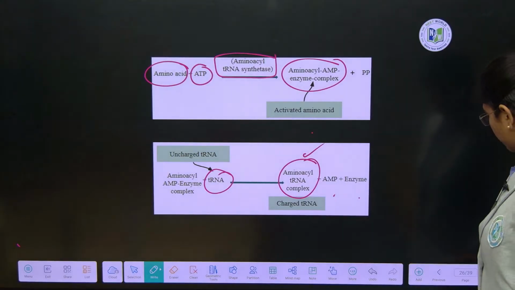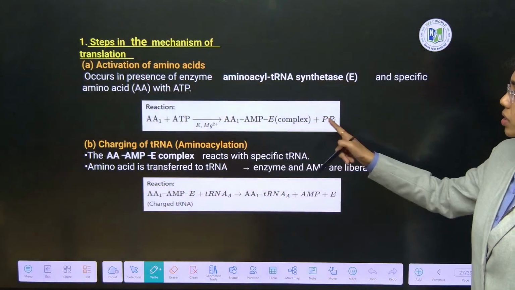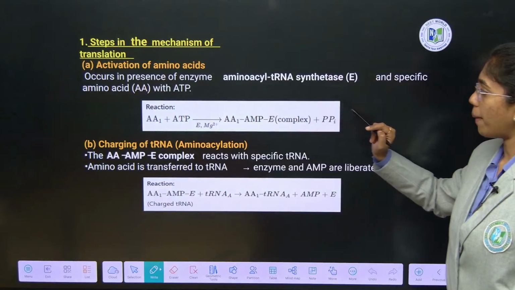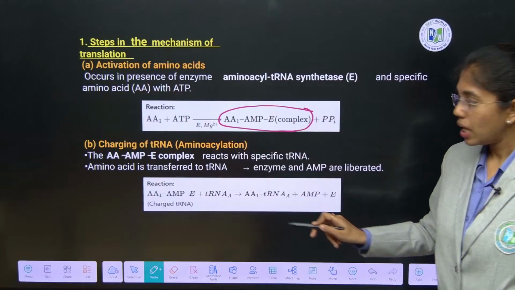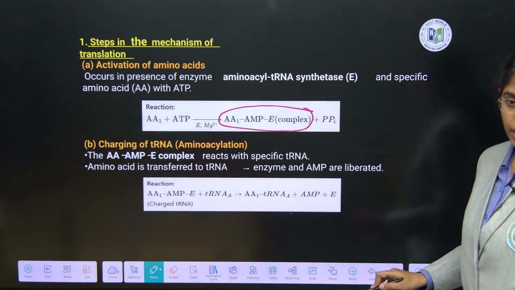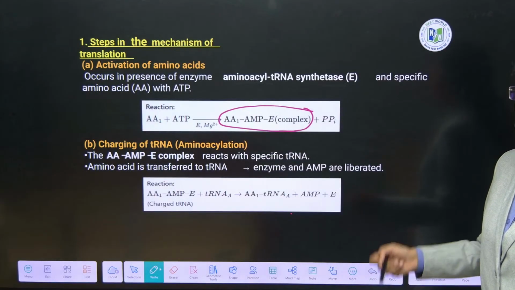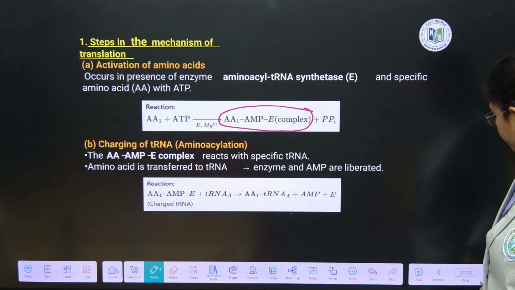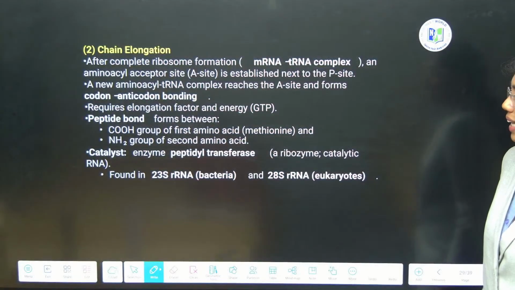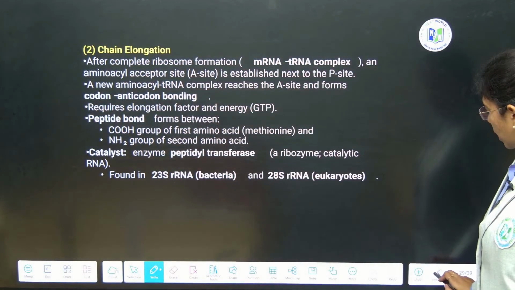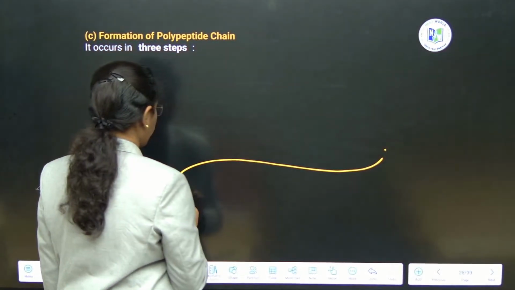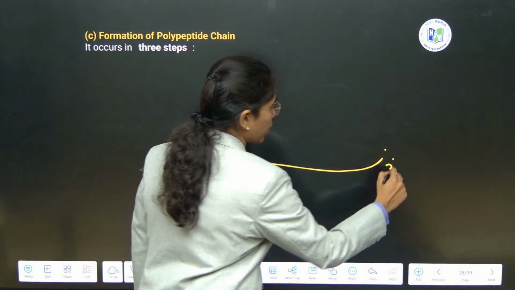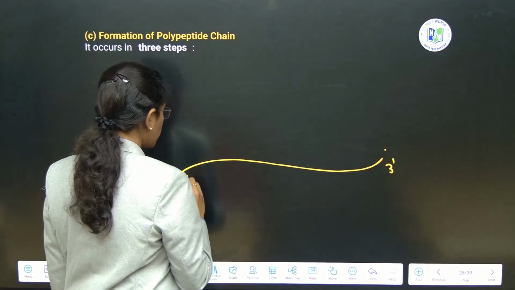Fine, right? So the first step is activation of the amino acid. Next is charging of tRNA, also known as amino acylation of tRNA. That is the first step. Next, let us suppose this is an mRNA strand from 5 prime to 3 prime. There are some sequences here.